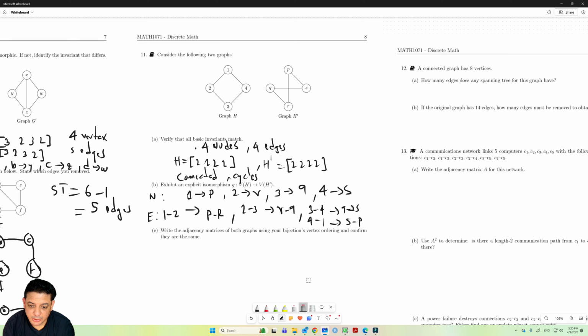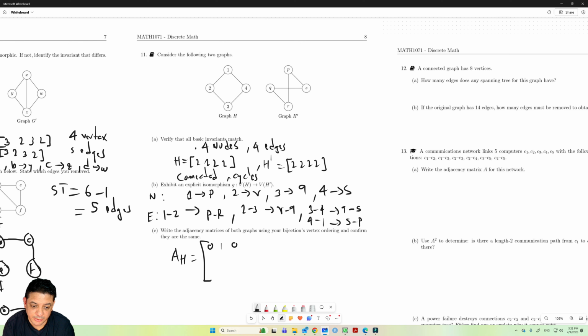Okay. So now if we check, one of the ways to verify that this is going to be a good isomorphism is verifying the adjacency matrix and verifying that the adjacency matrix is the same. So the adjacency matrix for H, we can see that 1 is connected to 2 and to 4.